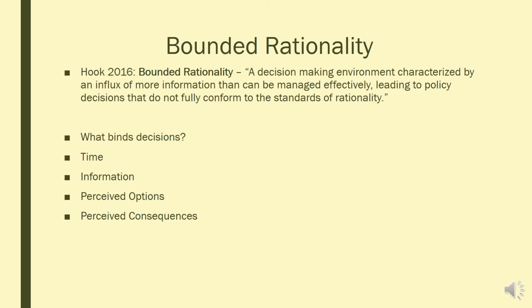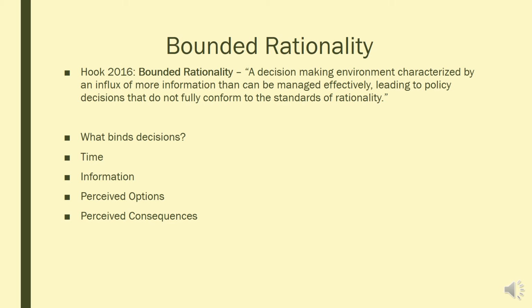Your textbook defines bounded rationality as a decision-making environment characterized by an influx of more information than can be managed effectively, leading to policy decisions that do not fully conform to the standards of rationality.